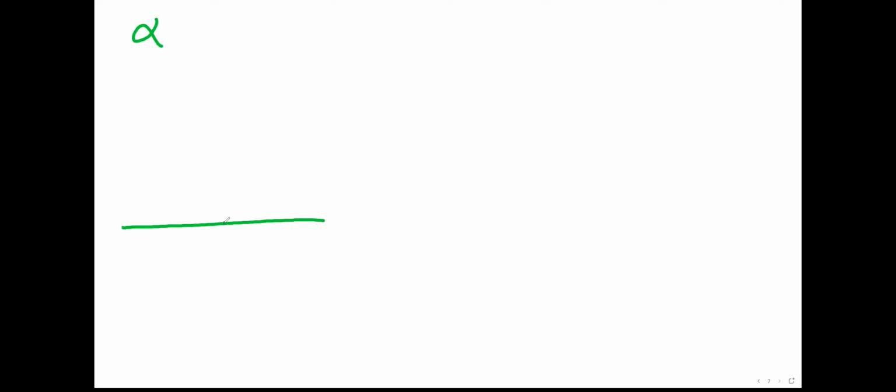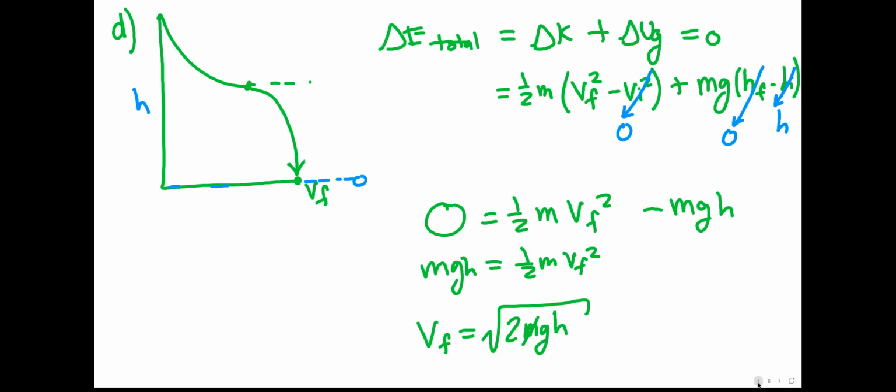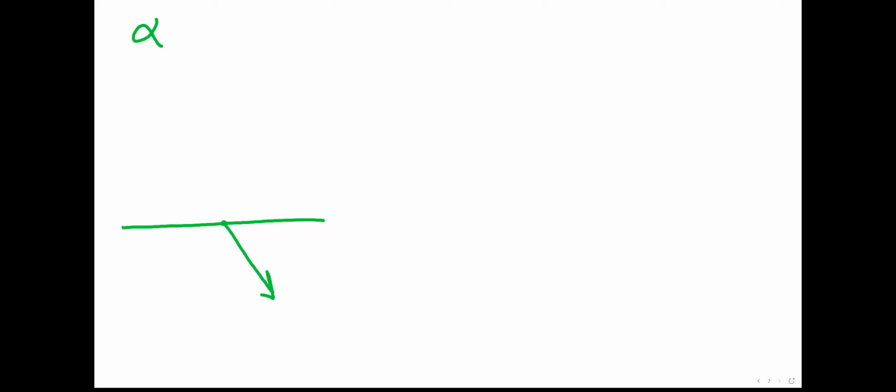Okay, now they want the angle that the velocity vector makes at the very end. This is the final velocity vector. What angle does that make with the horizontal?